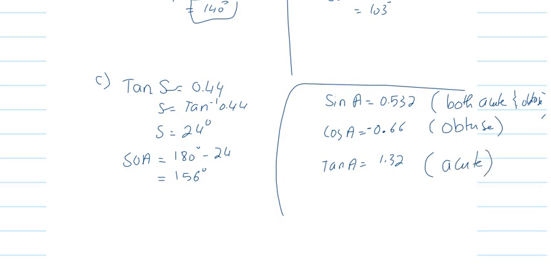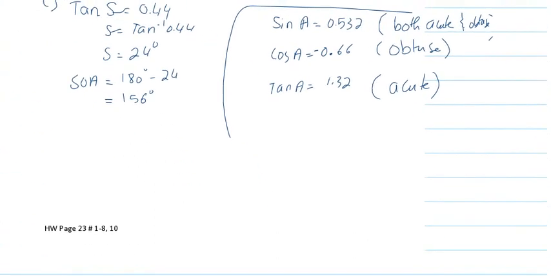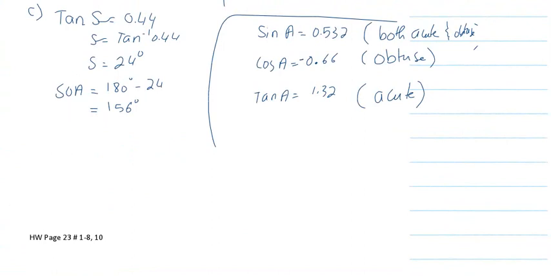So if I take the calculator right now and do sine inverse, I'm going to have two answers. The calculator is going to give you one, but you have to find the second one. So to find angle A, you do sine inverse of 0.532.